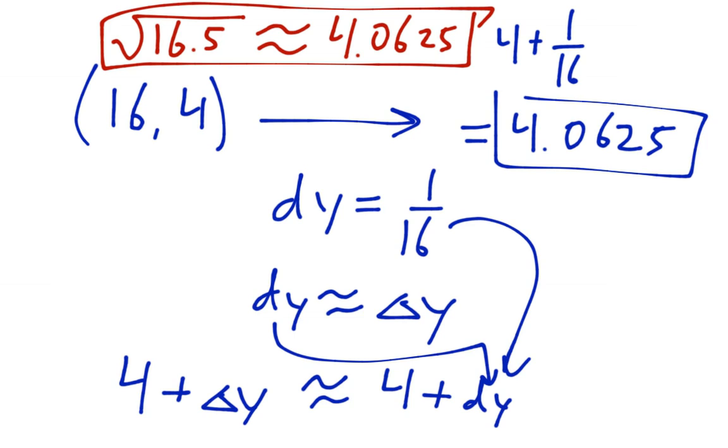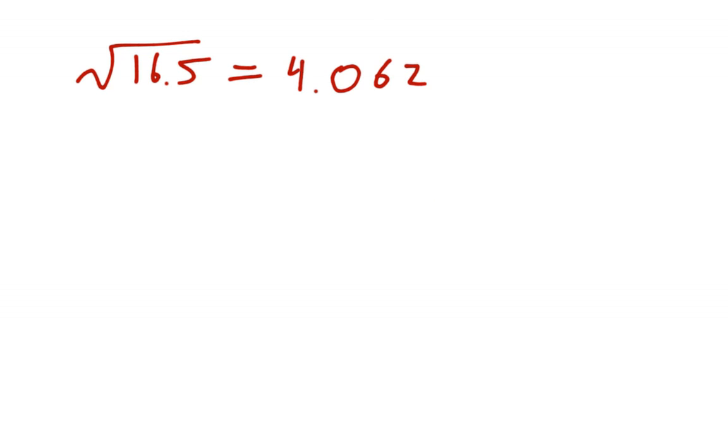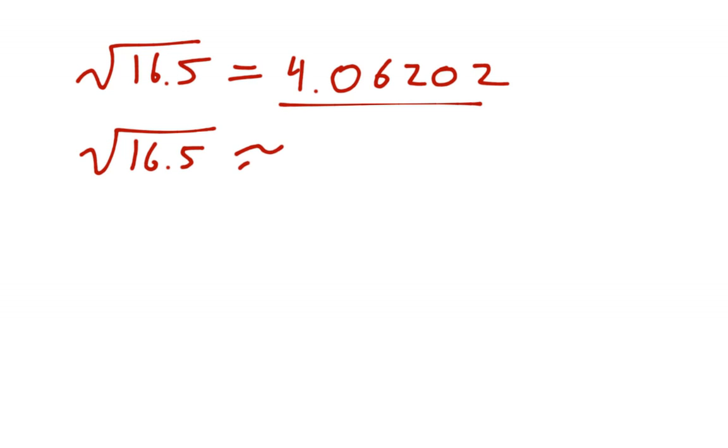Let's see how accurate we were. If I take my calculator and I calculate the square root of 16.5, the actual square root is approximately this, because it's infinitely long. And our estimation was 4.0625. And so you can see that we're pretty good. We're close.